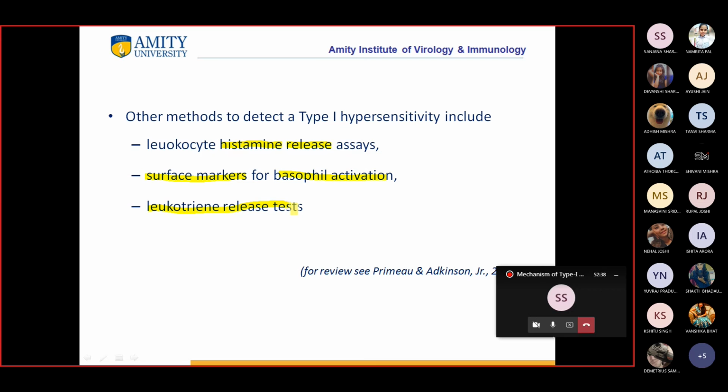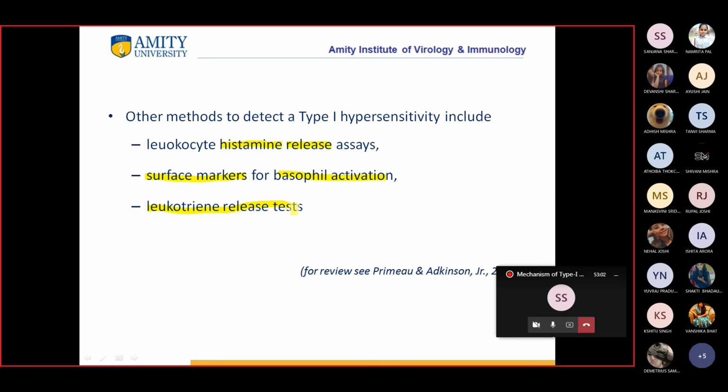As research keeps going on, we try to find more and more methods, but these methods are not very popular at the moment, because the kits for RIST and RAST are easily available and have been in the market for a long time, so they are comparatively very cheap.